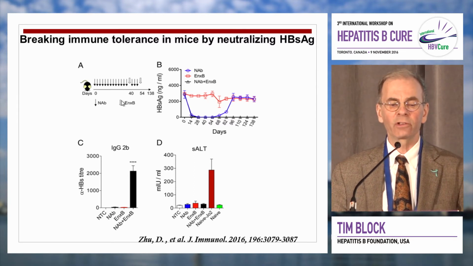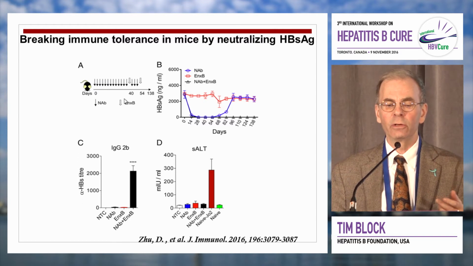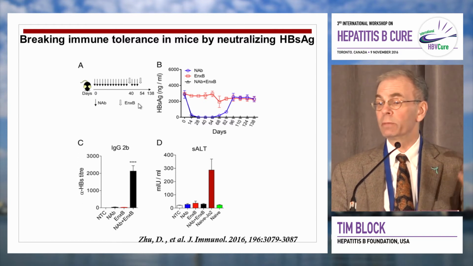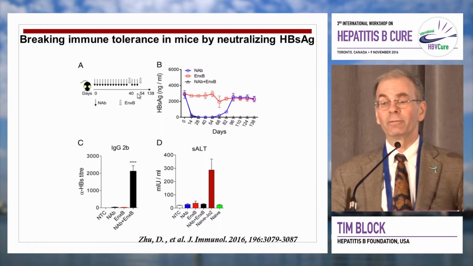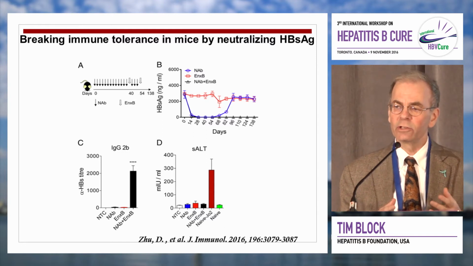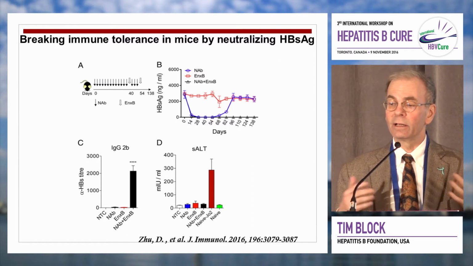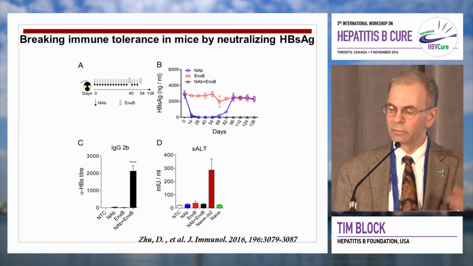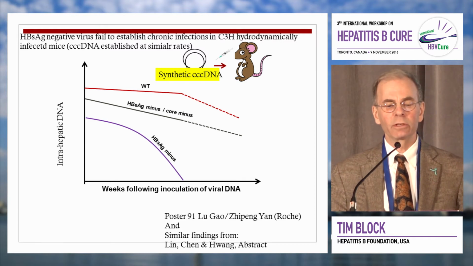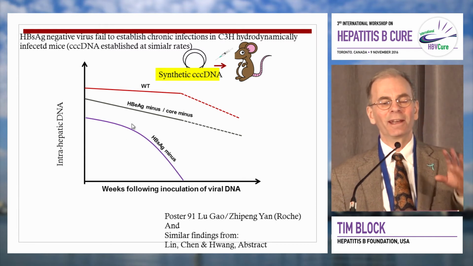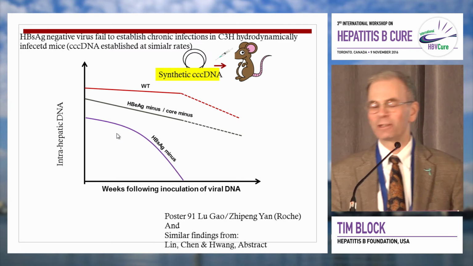But now if you vaccinate at 2 and 20 weeks with just HBsAg, standard S antigen, a big pop in antibody, suggesting that maybe it is true that eliminating S antigen allowed these animals to have their tolerance broken.